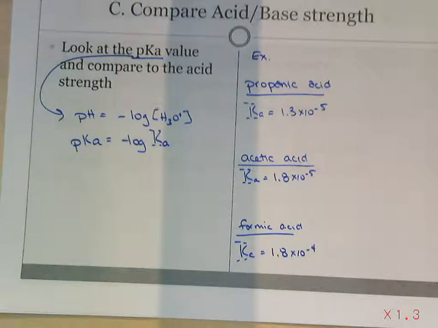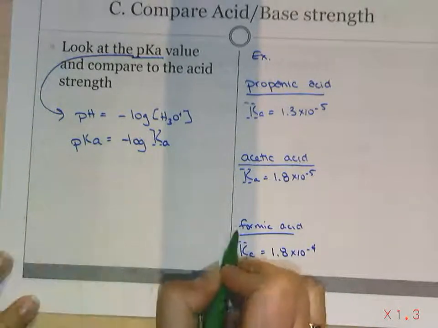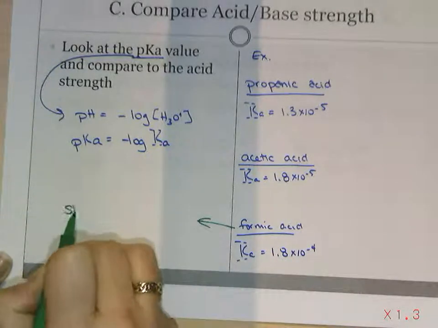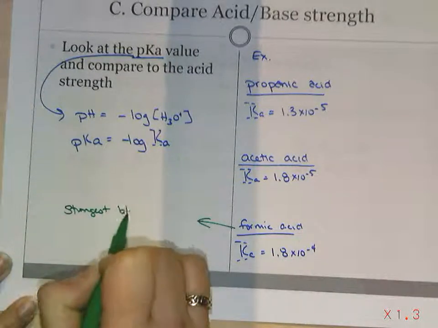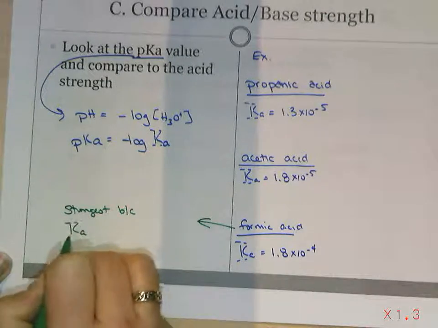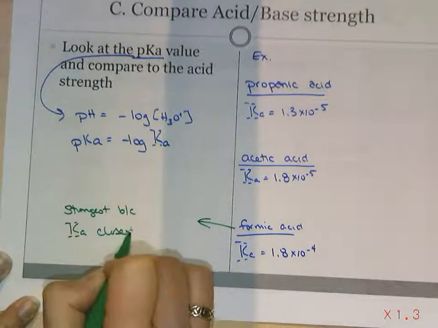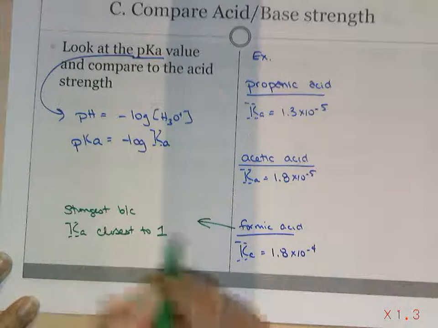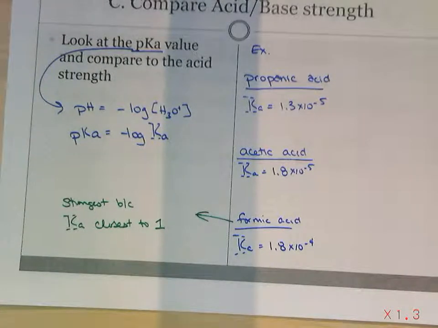Which one of these is the strongest based on the Ka? Formic. How do you know it's formic? It's closest to 1. So formic is the strongest. But it's a little hard to tell, not as obvious as it would be if we had them as whole numbers. So let's convert these to pKa's.